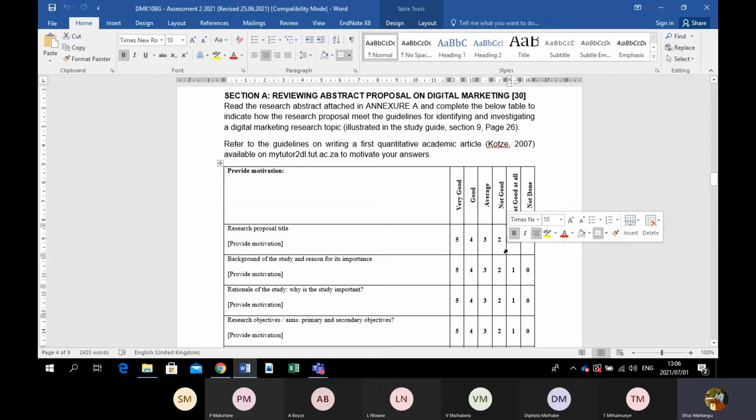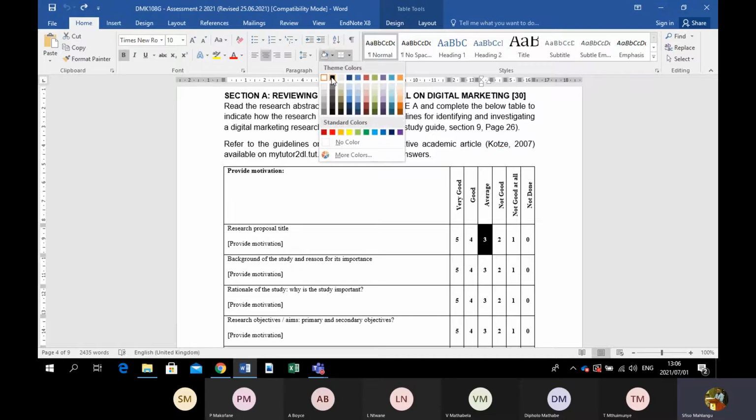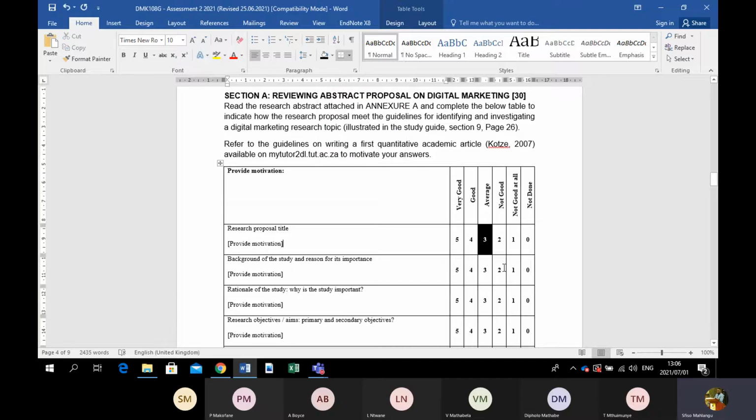So for example, if maybe I think it's 3, I can just make that color yellow, or easily I can make the whole box black to show how much I rated it, and then it will be me saying the proposed title is average.